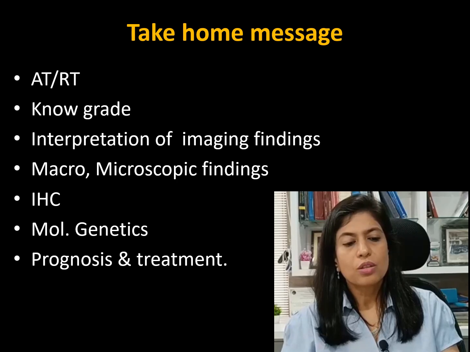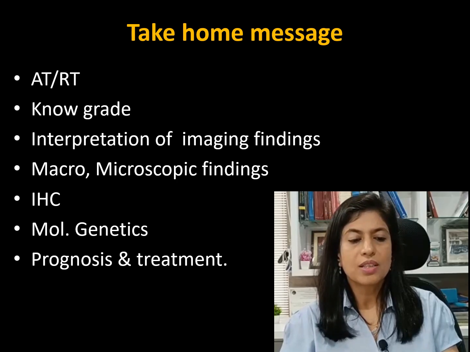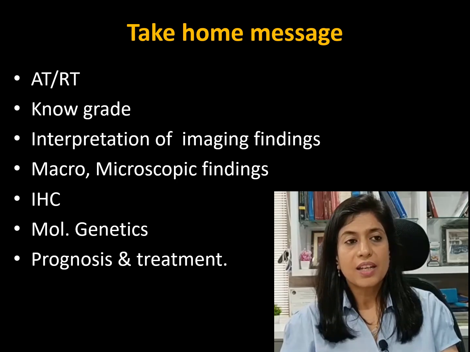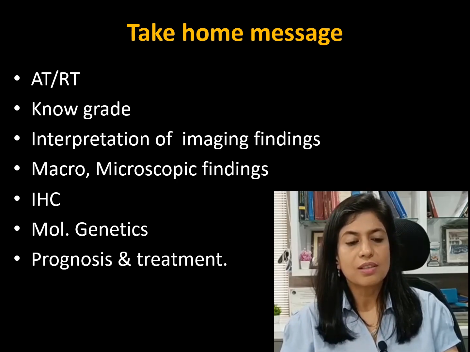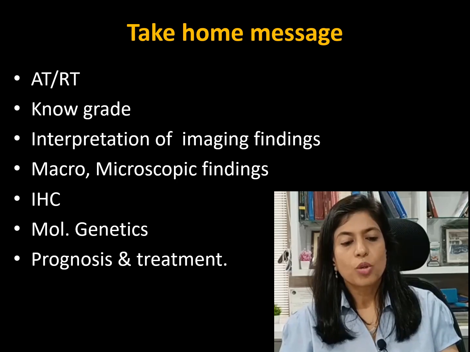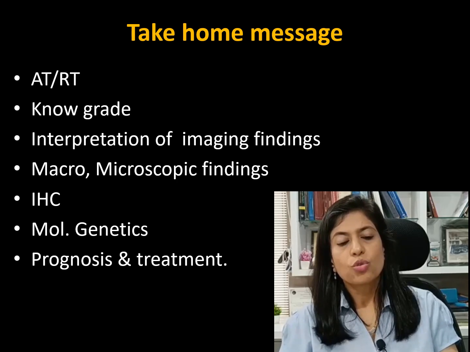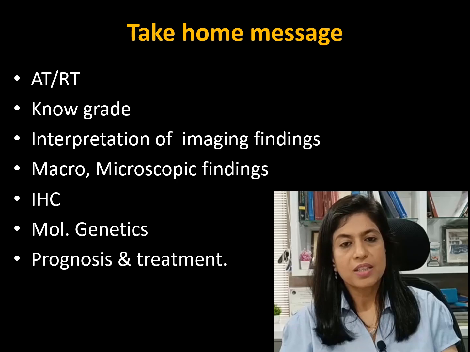Then coming to immunohistochemistry, the diagnostic finding is INI1 loss in the tumor cells. The positive control is taken as the endothelial lining or the endothelial cells. Molecular genetics: there is biallelic inactivation of SMARCB1 and rarely SMARCA4. Now, 3 molecular subgroups have been identified depending on the DNA methylation.